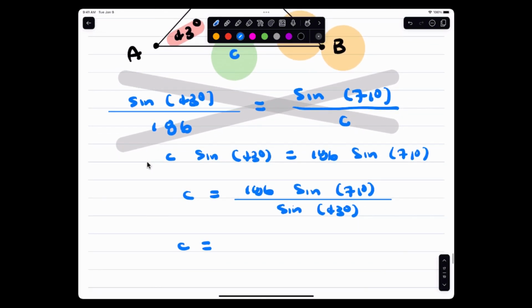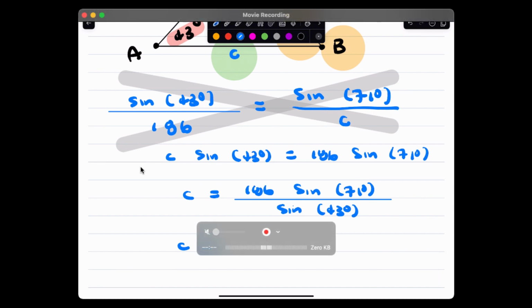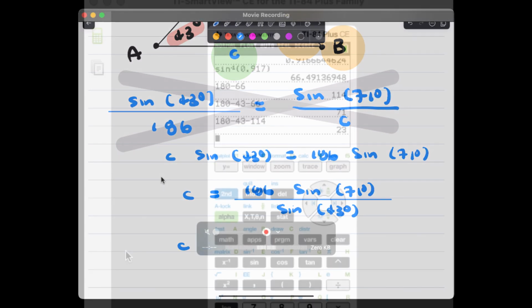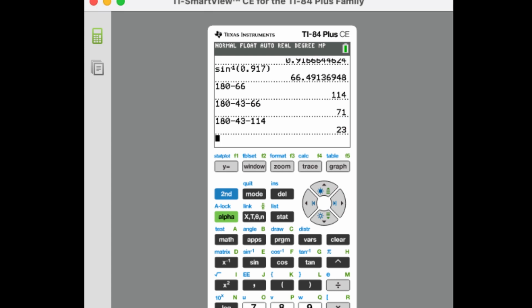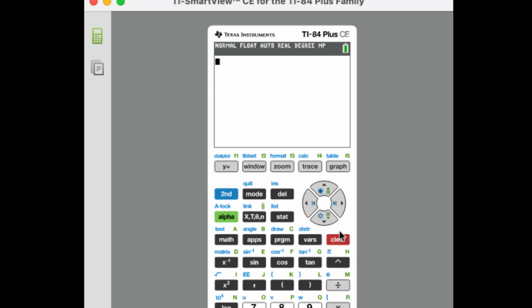All right? Punch that in your calculator. You cross multiplied. Right? You solve for c. So in that TI now, let's clear that out. 186 sine of 71 degrees divided by sine of 43 degrees.